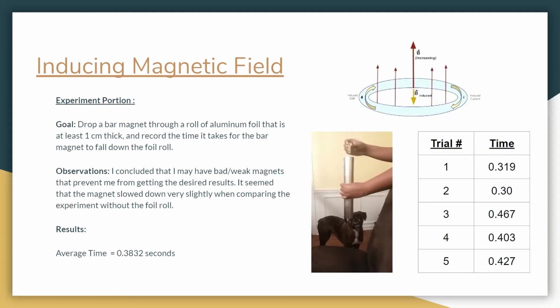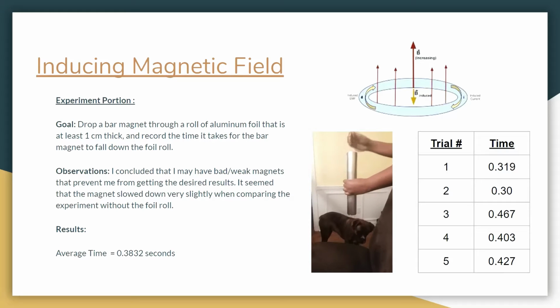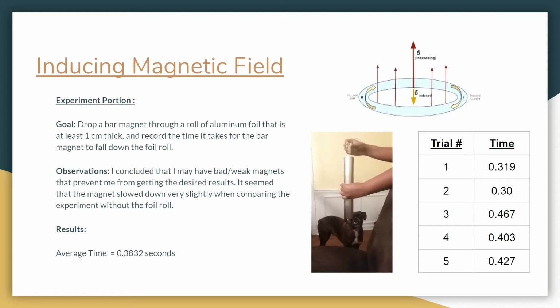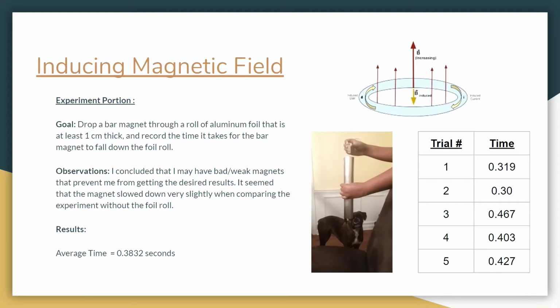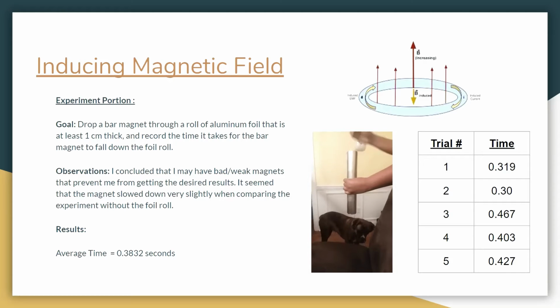I did a test where I dropped the barred magnet through the foil roll first, as you can see in the GIF, and then I also did it without the foil roll to see how it is with free fall, and they were basically the same. Without even having to record the times, they just seemed the same. So I concluded that I probably have some pretty bad magnets, and they're messing up my results altogether.